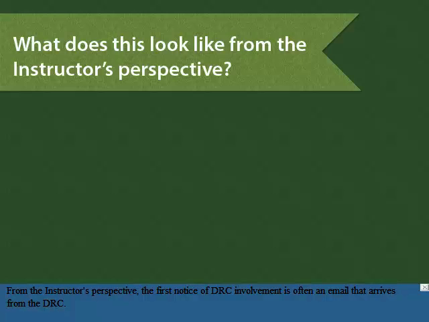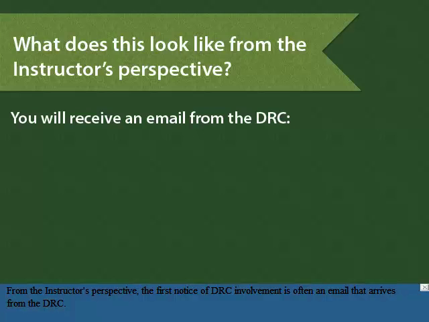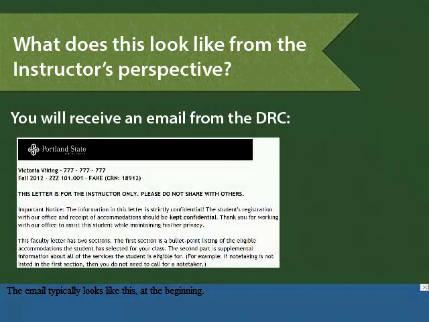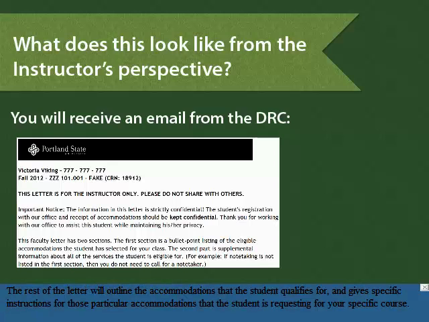From the instructor's perspective, the first notice of DRC involvement is often an email that arrives from the DRC. The email typically looks like this at the beginning. The rest of the letter will outline the accommodations that the student qualifies for, and it will give specific instructions for those particular accommodations that the student is requesting for your specific course.